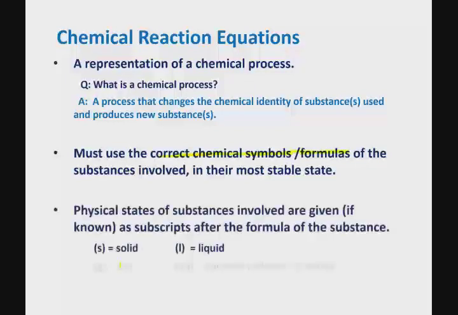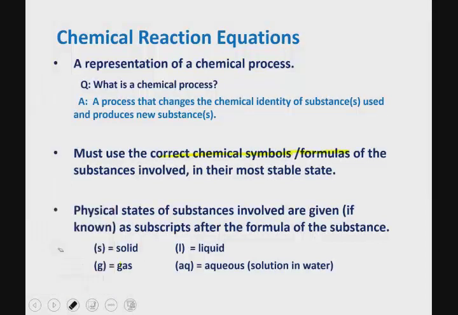Something else that we often also write in chemical reaction equations are the physical states of the substances that are participating in that process, if we know it. If we don't know the physical states of the substances, then we don't write those. But if we do know the physical states, then those are given as subscripts after the formula or the symbol of the substance.